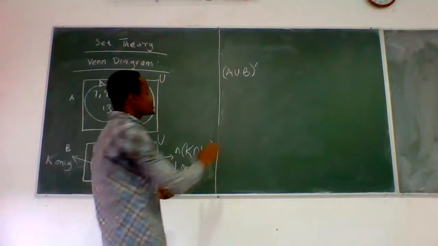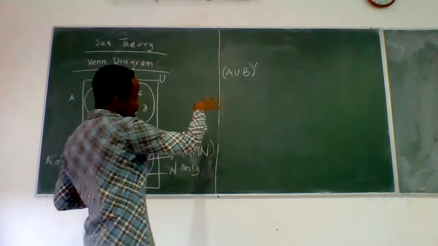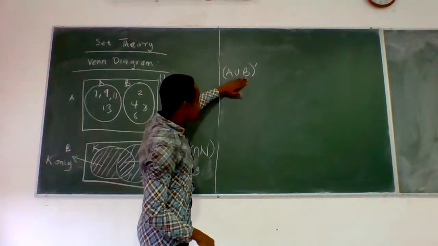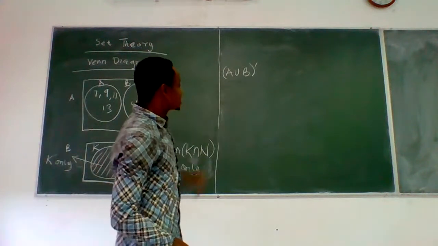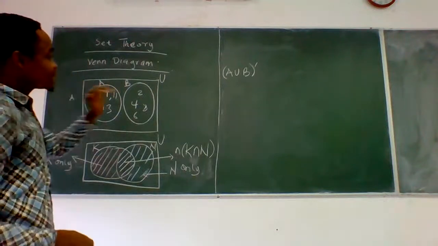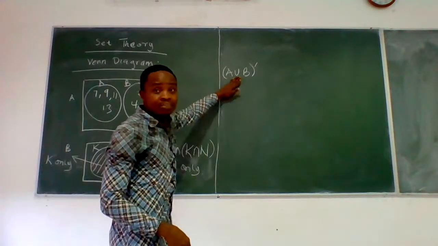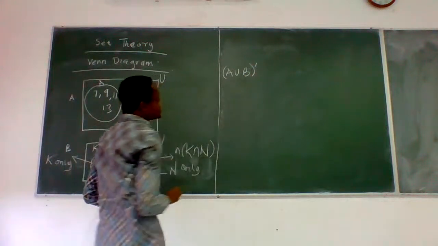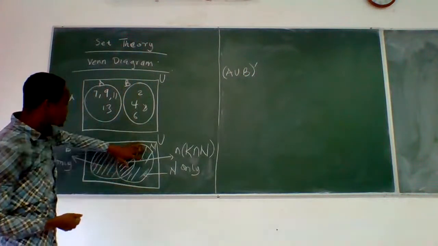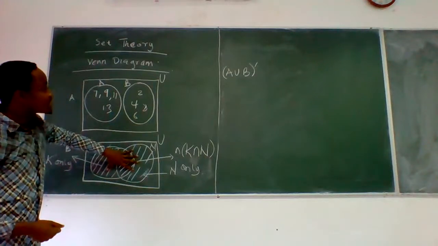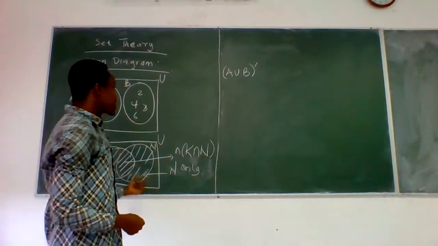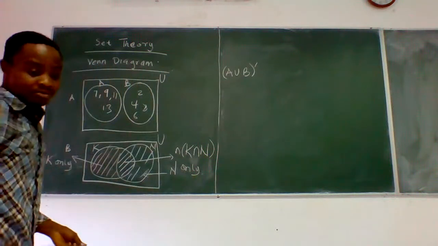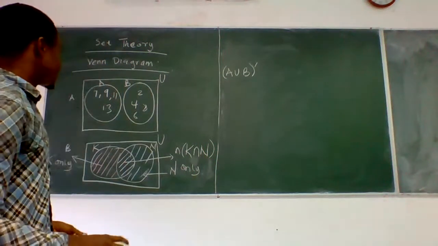So it means after finding your A union B, those elements are in the universal set, but they are not in this set. That's the meaning of complement. So that's basically what we did last week.